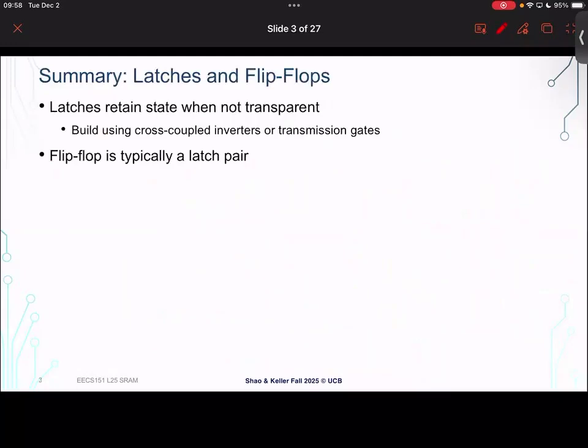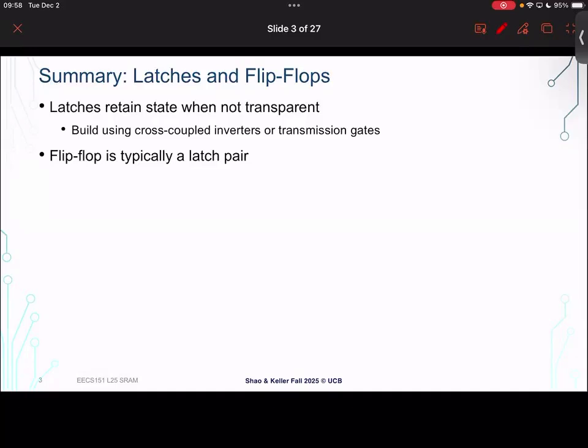Okay, so let's summarize from last week. Or I guess this would be 2 weeks ago now, of course, because last Tuesday we had our special guest lecturer from NVIDIA on formal verification. I encourage you to watch the recording if you missed it. But 2 weeks ago, when we last spoke, we talked about these two critical sequential circuits, latches and flip-flops, where latches, as we just saw, retain their state when they're not transparent.